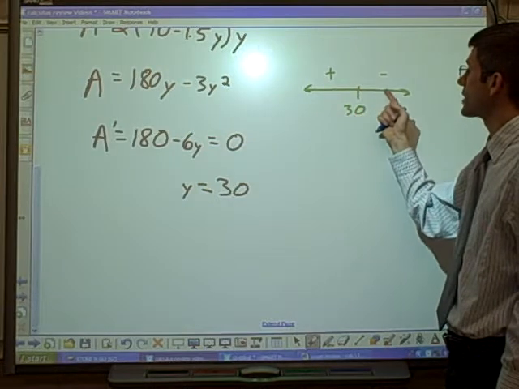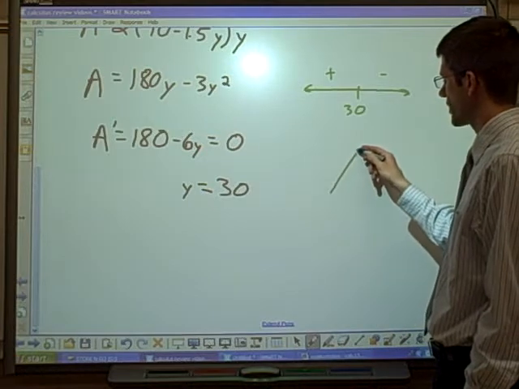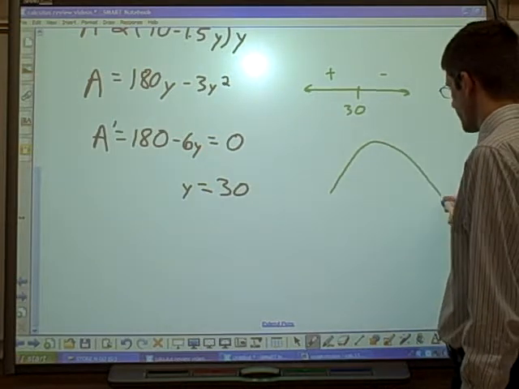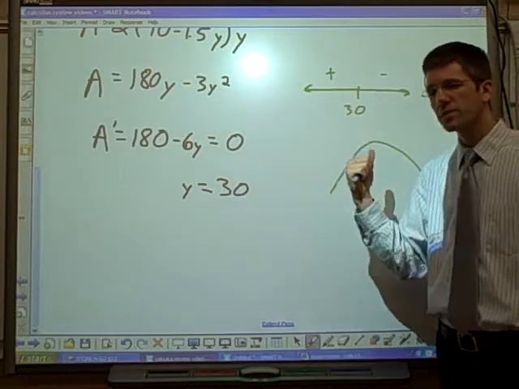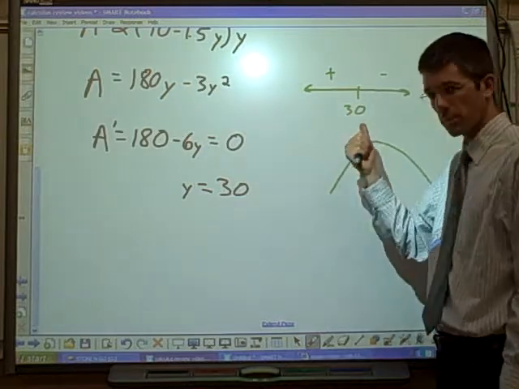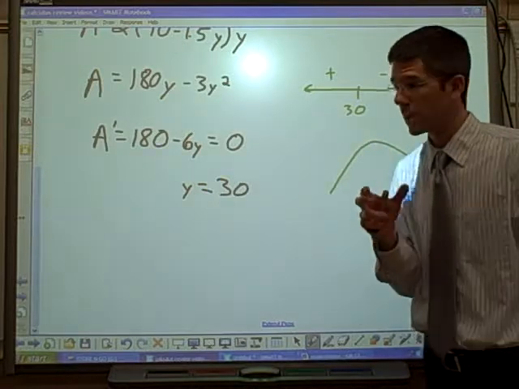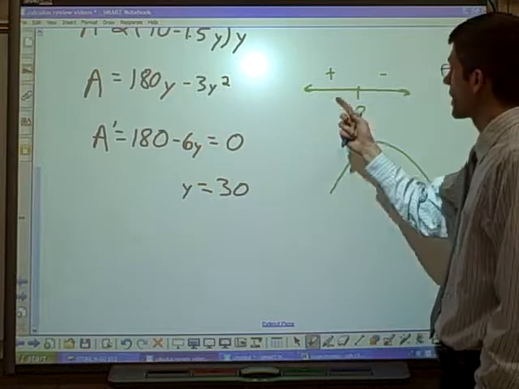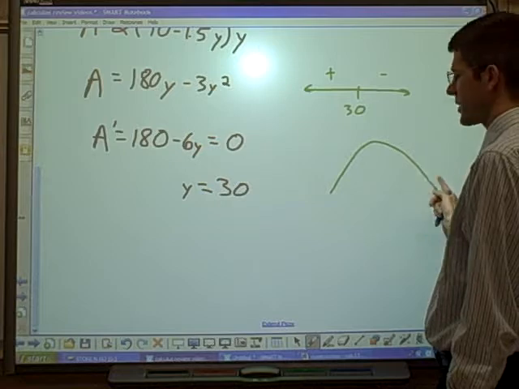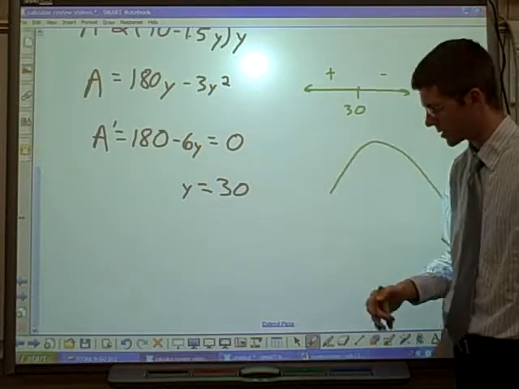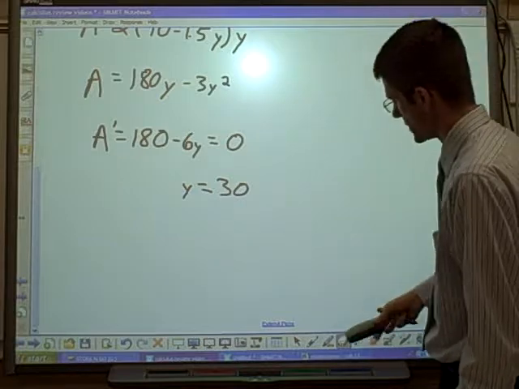The derivative is negative after 30. The original function was increasing until you got to 30 and then decreasing afterwards. And you can see that this is truly a maximum, and in this case, not a minimum. If it was a minimum, we would have opposite signs. Increasing, then decreasing. So 30 truly is a maximum. Okay, just wanted to prove a point there.